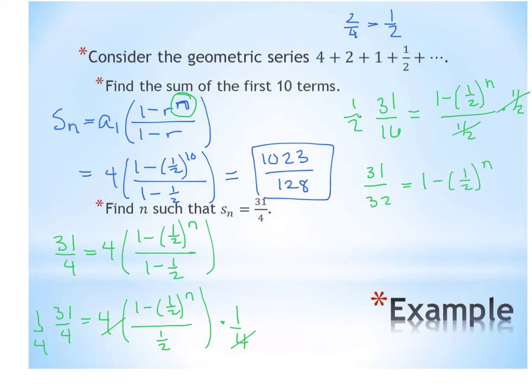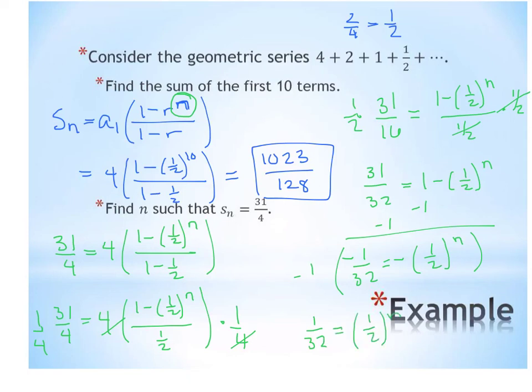Let's minus 1. So that's going to be negative 1/32 equals negative a half to the n. Multiply everything by negative 1. And we get a positive 1/32 equals a half to the n.